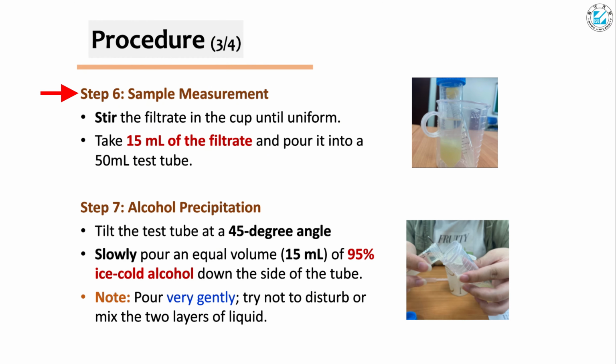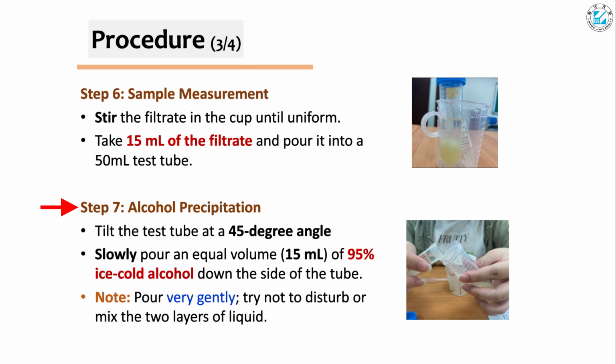Stir the filtrate in the cup until uniform. Take 15 milliliters of the filtrate and pour it into a 50 milliliter test tube. Step 7, alcohol precipitation.